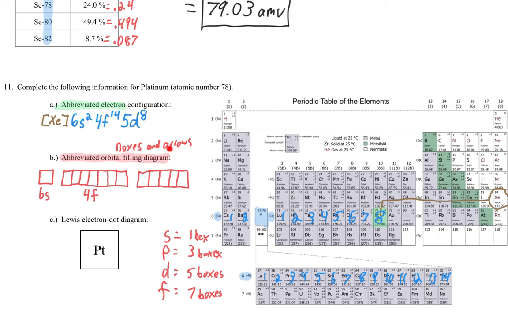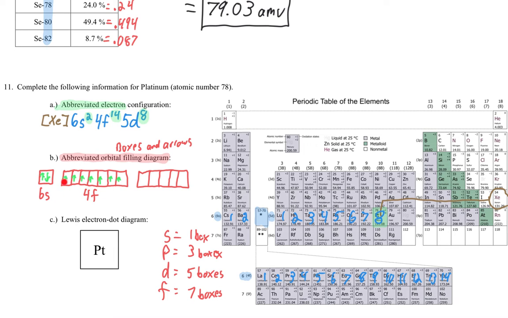In those boxes go arrows. The number of arrows are the exponents from my abbreviated electron configuration. So in the 6S box, I get 2 arrows. One's up, one's down. In the 4F box, I get 14 arrows. I half fill the boxes first because the electrons want to spread apart. And then when they're forced to team up, I put in the down arrows.